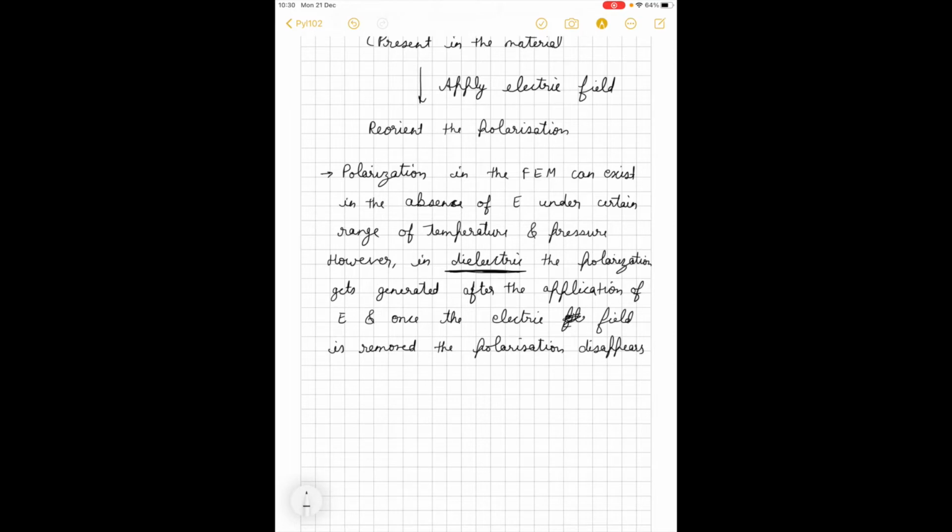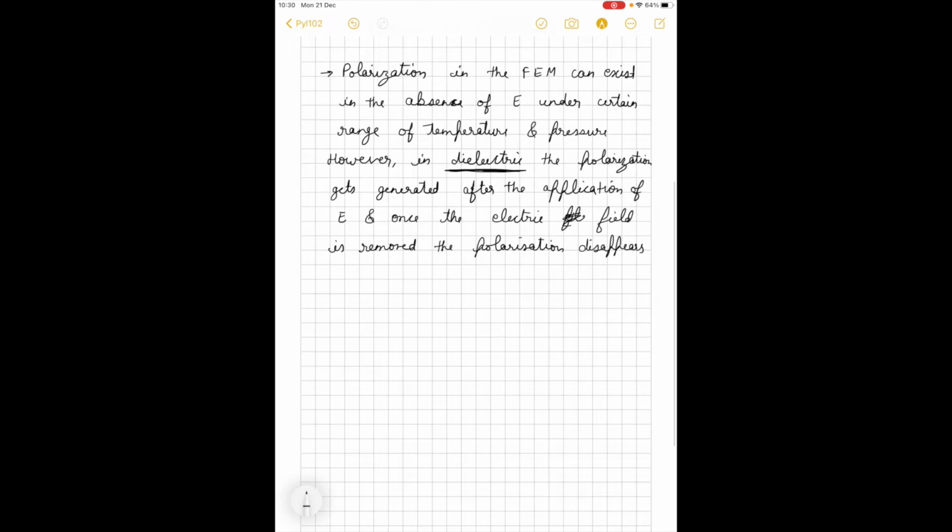However, in the ferroelectric one, it's spontaneous, it's there, and you just change the orientation of the polarization using the electric field. Now one can ask the question, why is something special in the ferroelectric material? So what's the reason?